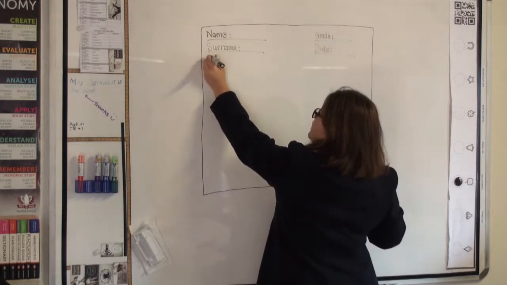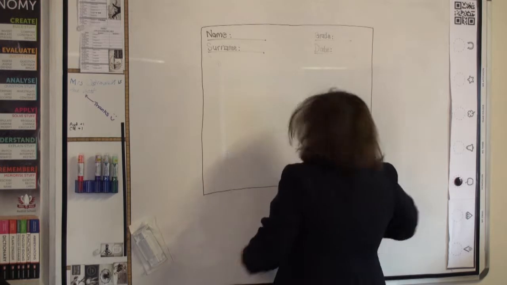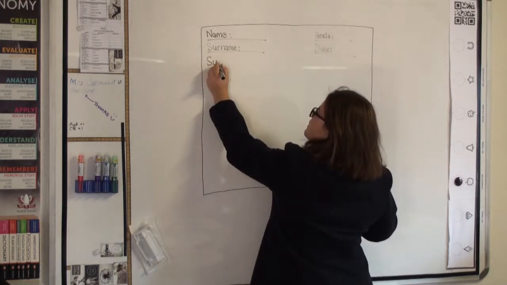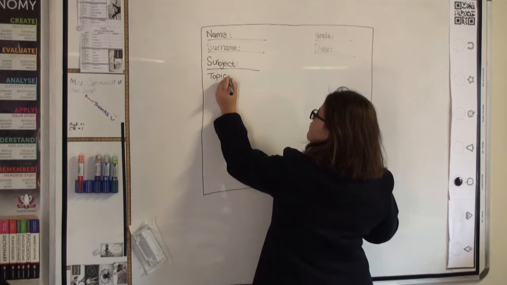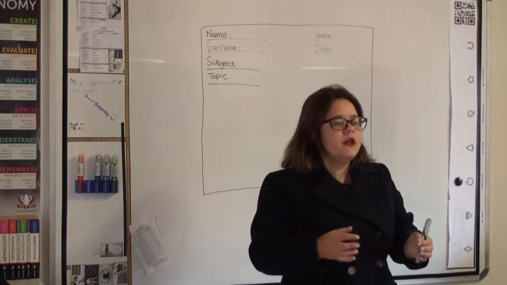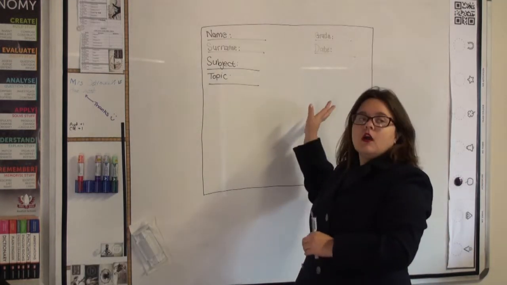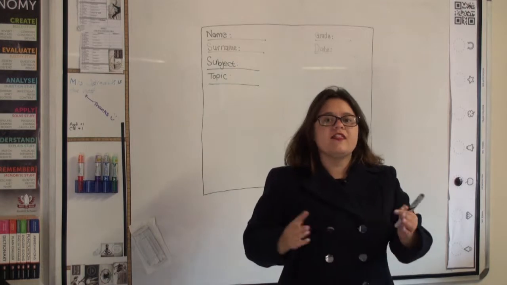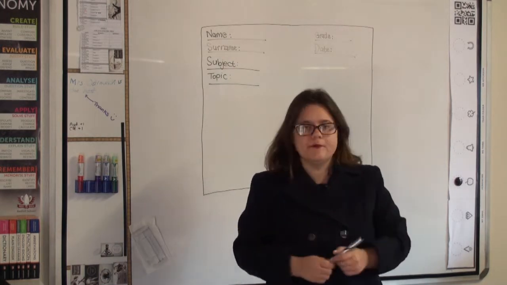So it should be subject, which should be underlined as well, and then the topic. So an example of this would be English Home Language, Paper 2, Comprehension and Language. That is what you should be writing underneath subject and topic.